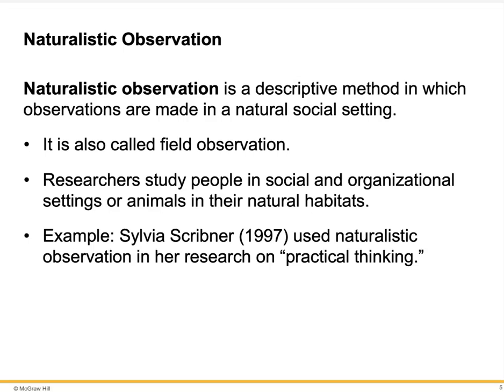For example, Sylvia Schreiber in 1997 used naturalistic observations in her research on practical thinking. She would get a group of individuals, take a look at how they behave in their natural habitat, and then draw conclusions based on what she sees.